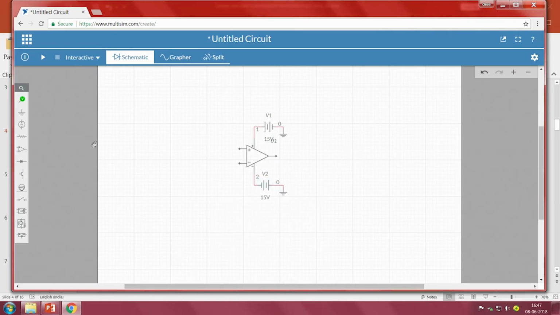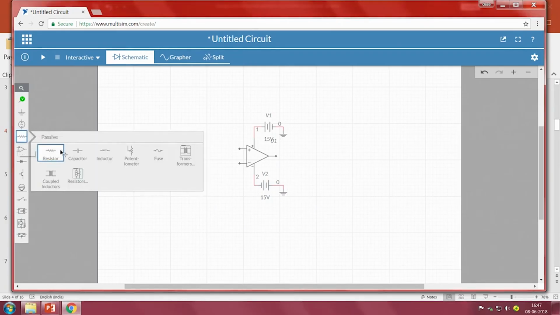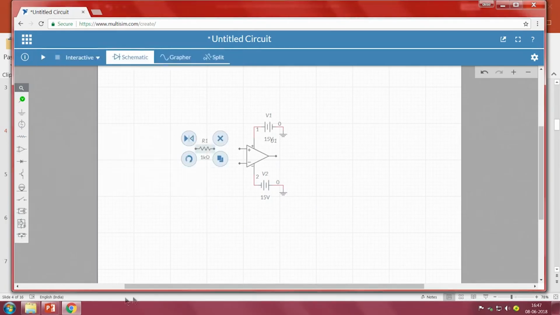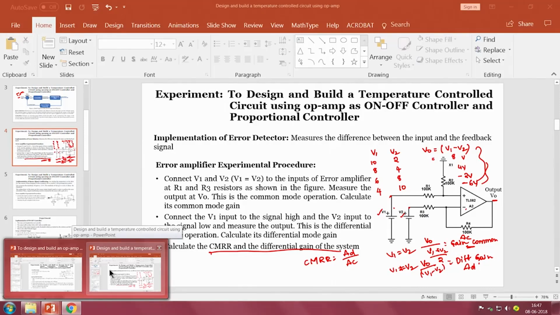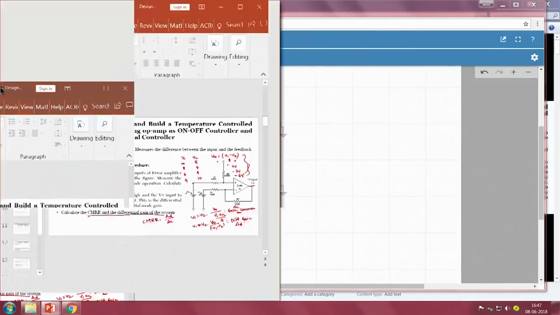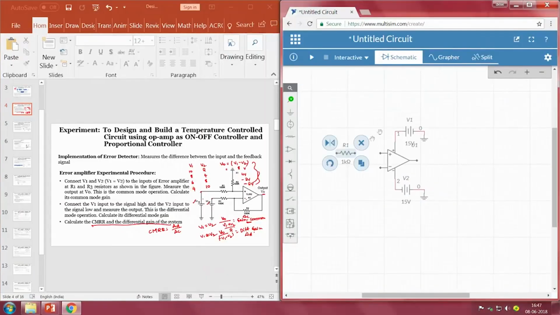Now we have to connect one resistor at this point. In order to not have a mismatch between this and our design in Multisim, I will consider this R1 and set it to 100K.